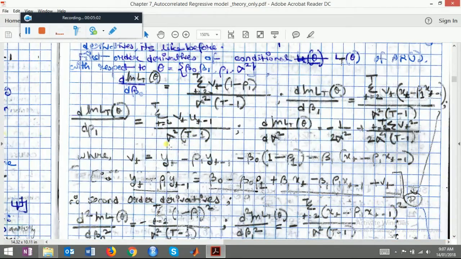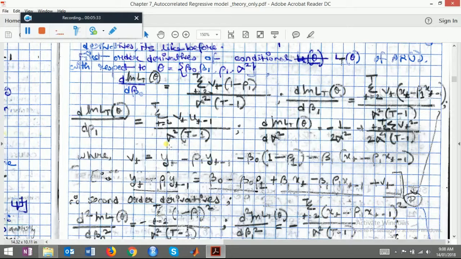Then rho 1: when you are taking the first order derivative of the log likelihood with respect to rho 1, we have v, which is IID, multiplied by ut minus 1, which is the residual lag, divided by sigma square, very simple.